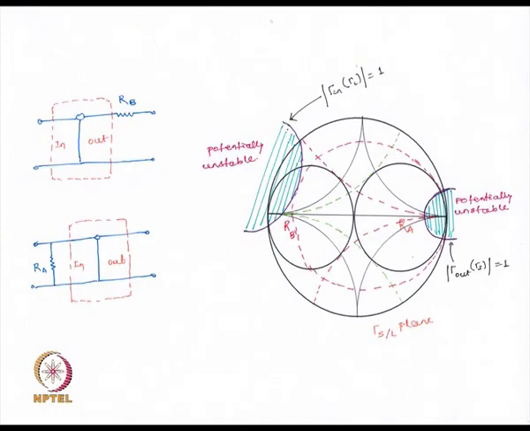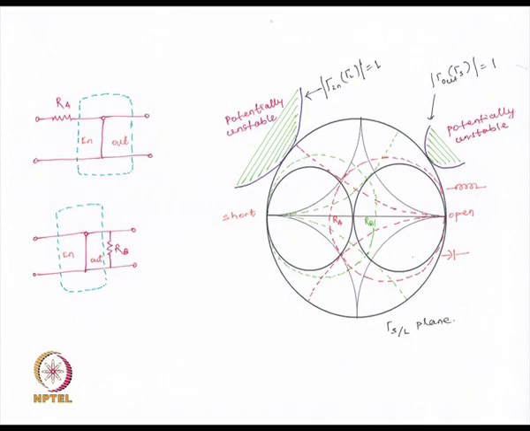So coming back here, when input and output stability circles do not touch a constant resistance or constant conductance circle respectively, however they do touch a constant conductance and constant resistance circle respectively, then if we connect a resistance Rb in series at the output or a conductance 1 upon Ra in shunt at the input, again we can shift the positions of these stability circles so that they become like this.